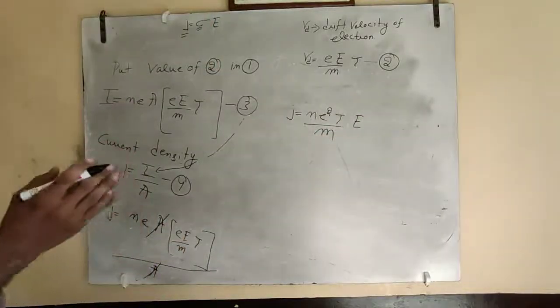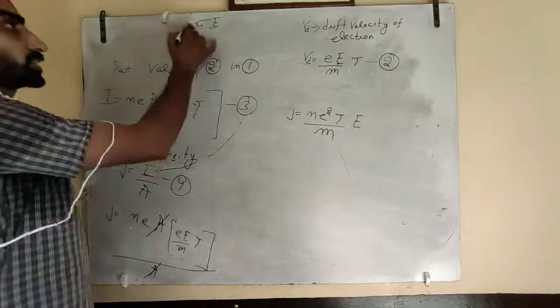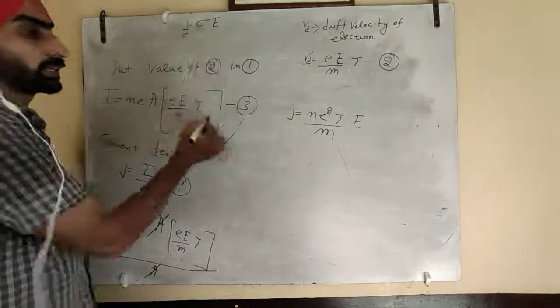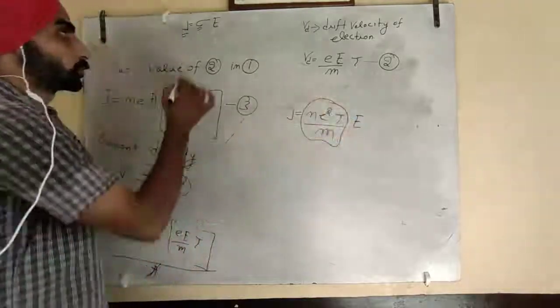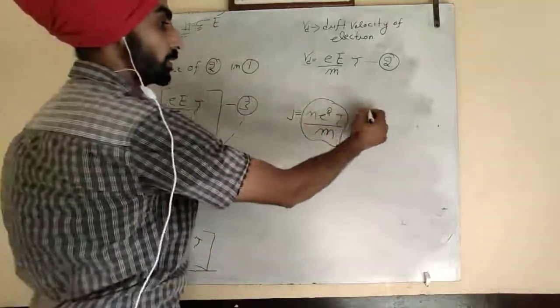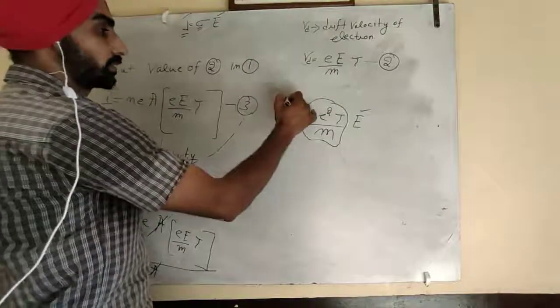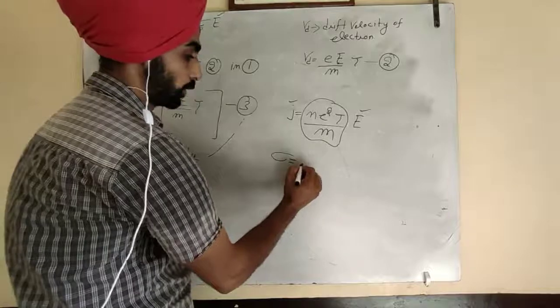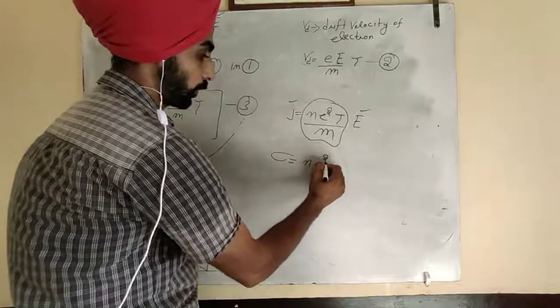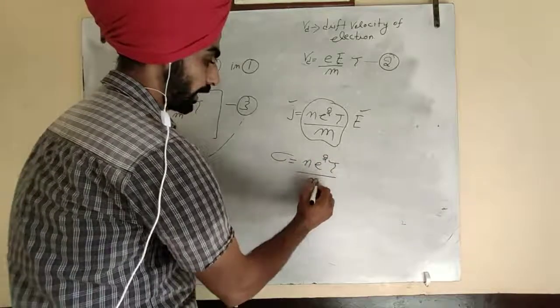So we have got the value of J. Look at the value of J. J = sigma into E, J = this thing into E. So this is E, this is E, this is J, this is J. So what is the value of sigma? The value of sigma is ne squared tau upon m.